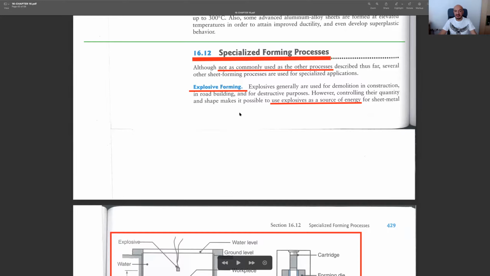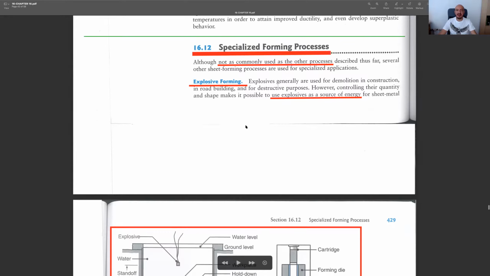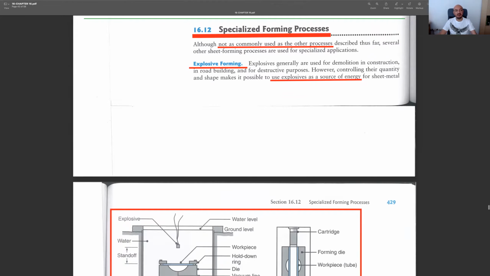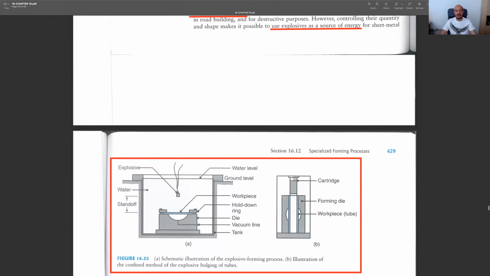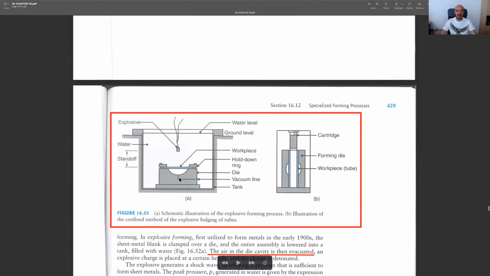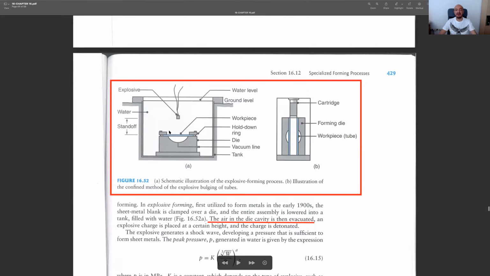This one is called explosive forming, and as the name implies, in order to modify our sheet metal, we make use of explosives. This is mostly done on larger sheet metals. Since we will have fires, explosives, explosions, we mostly do it inside water.